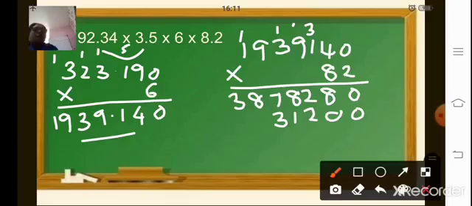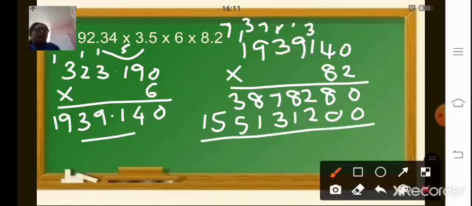So 7 carry over here, 8 threes are 24, 24 plus 7, yes, 31. 3 carry over here, 8 nines are 72, 75, so 7 here. 8 ones are 8 plus 7, 15. Now we will add the numbers, quite a big number. So be careful with your multiplication.